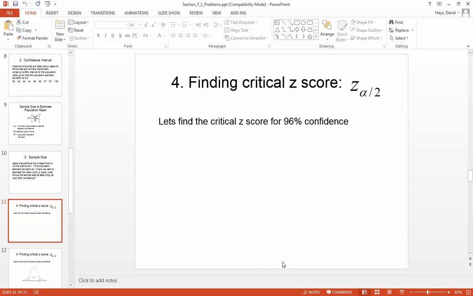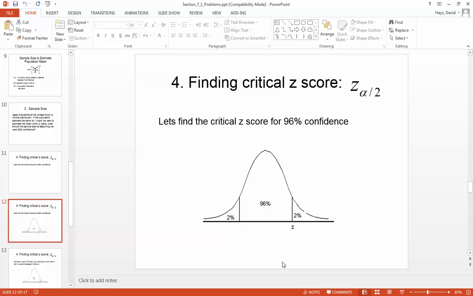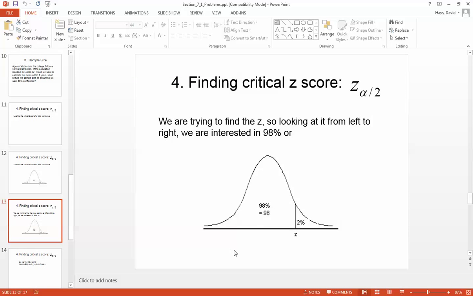Okay. Now here's another example of finding the critical z-score. We have 96% we're trying to find. We put 96% in the middle, and then we split 4% into the tails. So put 2% here and 2% here. If we look at this z-score right here, I say it's 98%.